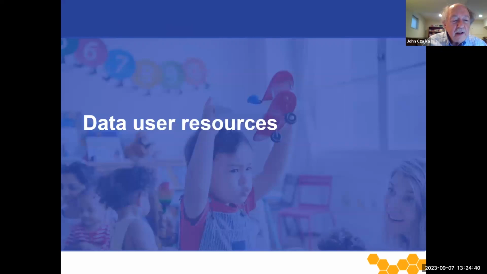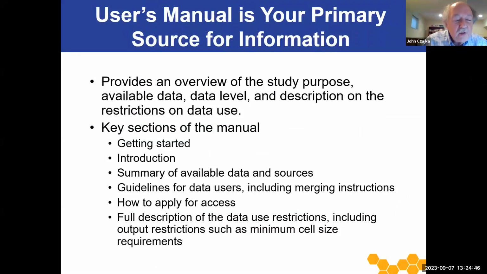Now, I'll say a little bit more about the data user resources that are available. The FACES 2014 Contextual Variables Data File Users Manual will be the primary resource for information about how to use this data file. It includes a codebook and guidelines for using the data.